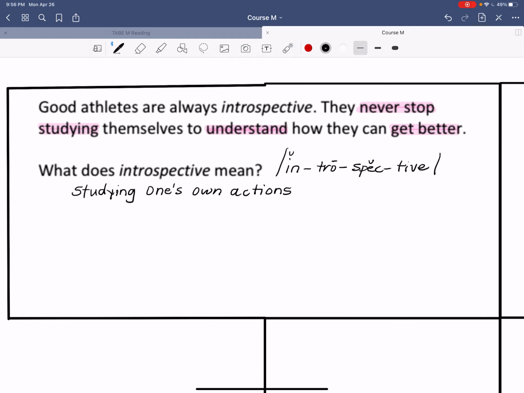If you play basketball, you're interested in how many shots you made and how many shots you missed. You're interested in your own performance, not just your teammates' performances. So introspective means that you are studying your own actions. And why would you want to do that? Why is it important to do that? To understand yourself.